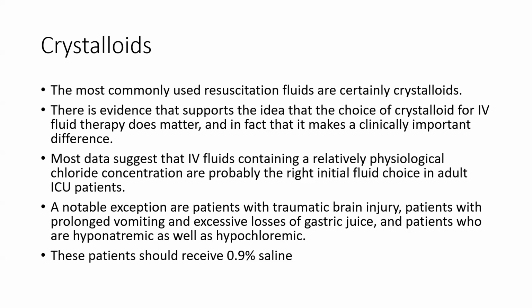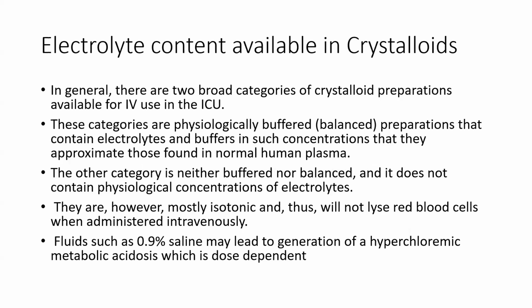A notable exception is patients with traumatic brain injury, patients with prolonged vomiting and excessive losses of gastric juice, and patients who are hyponatremic as well as hypochloremic. So these patients should receive 0.9% saline.